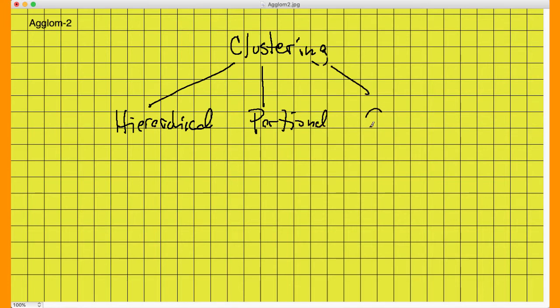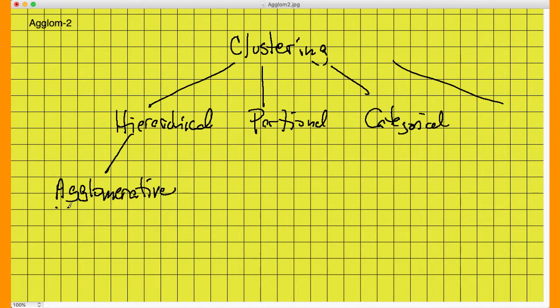Over here, there's something called categorical. She had a couple other ones over here. Then over here, she had something that was called agglomerative. And you should notice this agglom. It's the same name that I'm using for my things up here. So obviously we're going to be talking about these things. There is something called divisive.